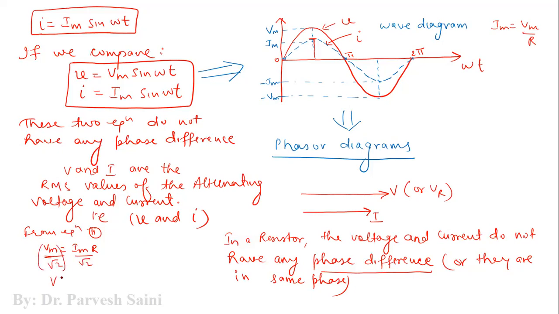So we can write it like this: V is equal to I R, where V and I are the RMS values. So this is also one way of representing the equation in terms of RMS values.